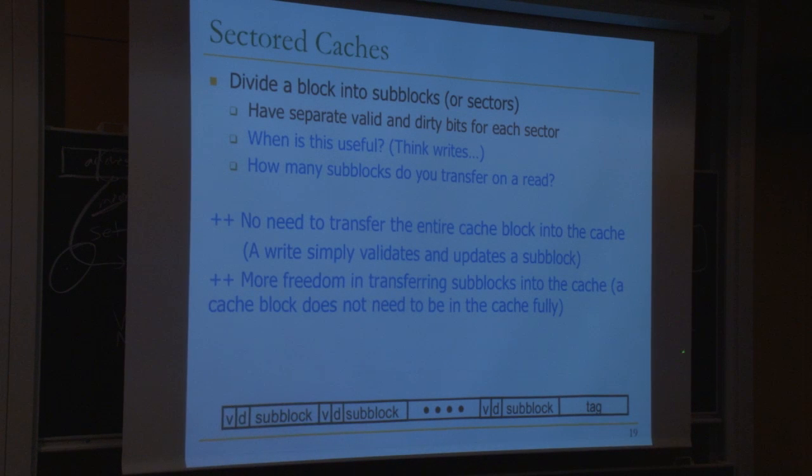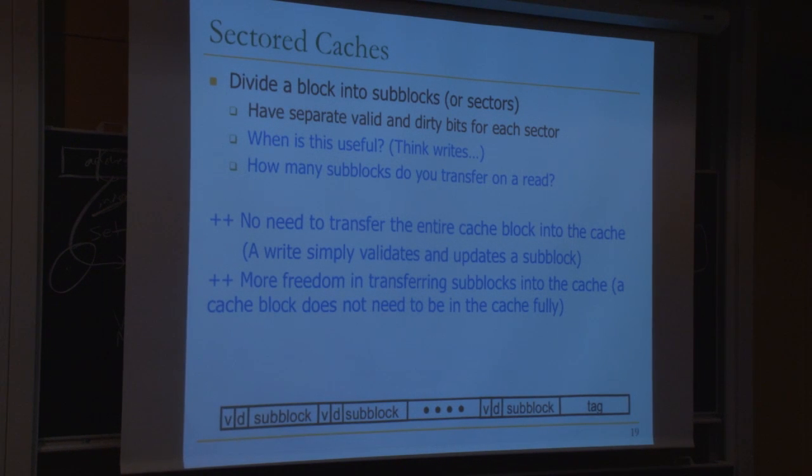Here, your tag. If you have smaller cache blocks, if you think of this as a cache block, you need to have a tag with each of them, right? Whereas here, you have one tag associated with many subblocks, which means that you're actually storing that block in there, except you're storing partially, potentially. So if you have smaller cache lines, you have more overhead because your tag should be larger.